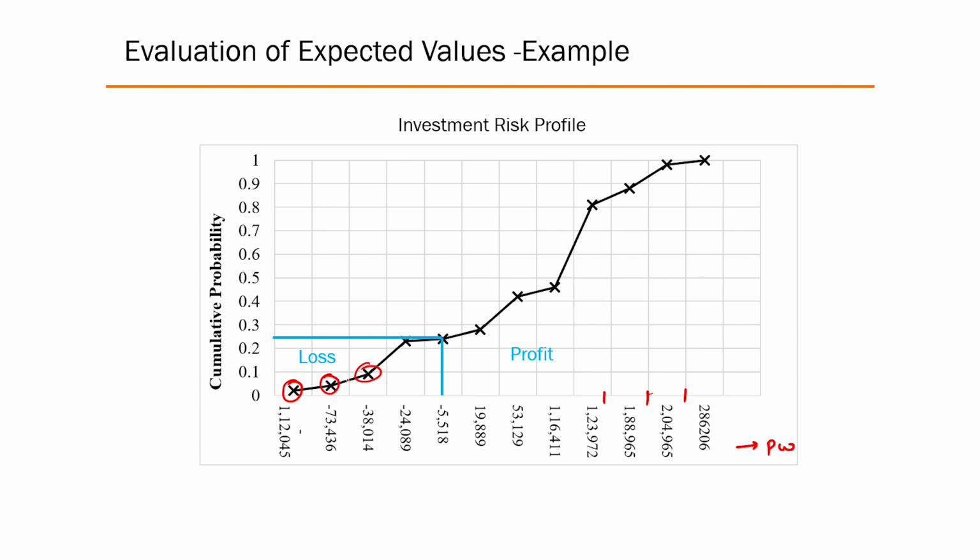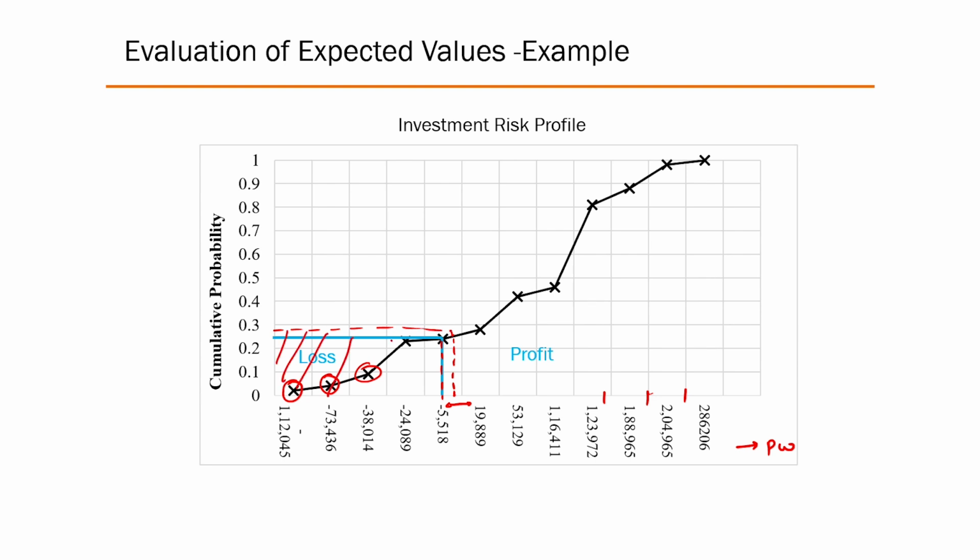Now, if you want to know, for example, what is the chance that your investment will actually give you a profit, you can draw a line where the cash flow becomes just positive. Ideally this point will come somewhere in between, the way we have plotted, and then you can read the corresponding value.